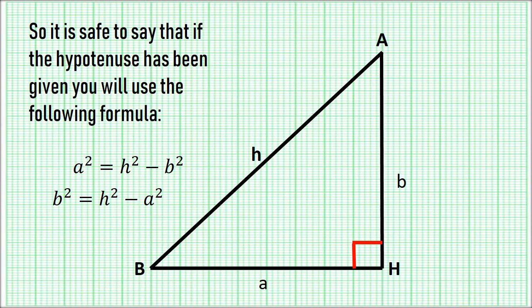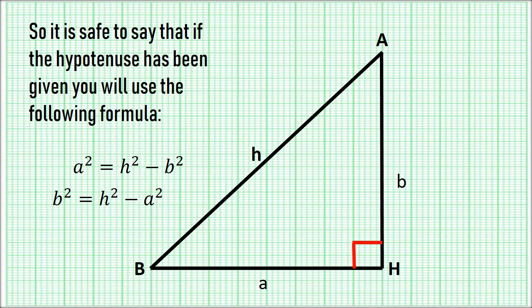Let's see how we can adapt this formula so that we can always be left with the answer. In this instance, what if they have given us the hypotenuse and b? Then it's safe to say that a squared is equal to the hypotenuse squared minus b squared.